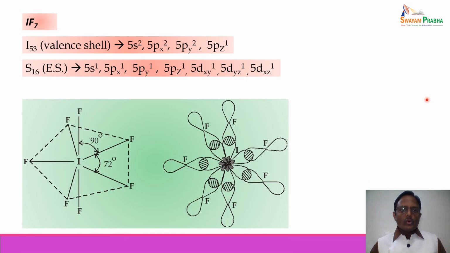Now they will form 7 hybrid orbitals. 5 will be in a plane and 2 perpendicular to the plane. So bond angles are 90 degrees and 72 degrees in the plane. Again, there is a concept of non-equivalent hybrid orbitals.